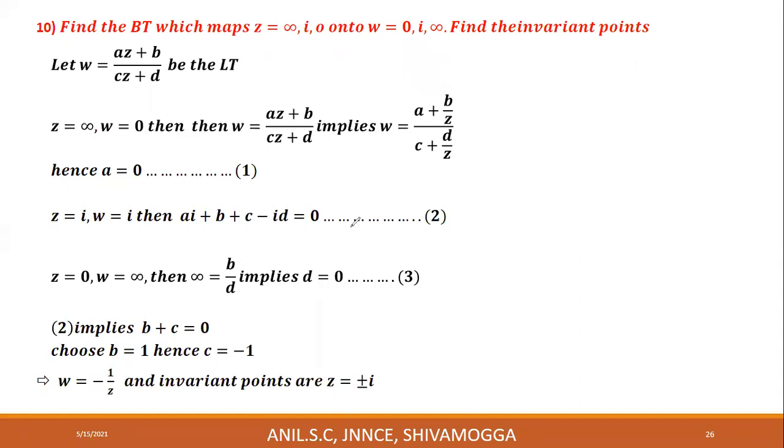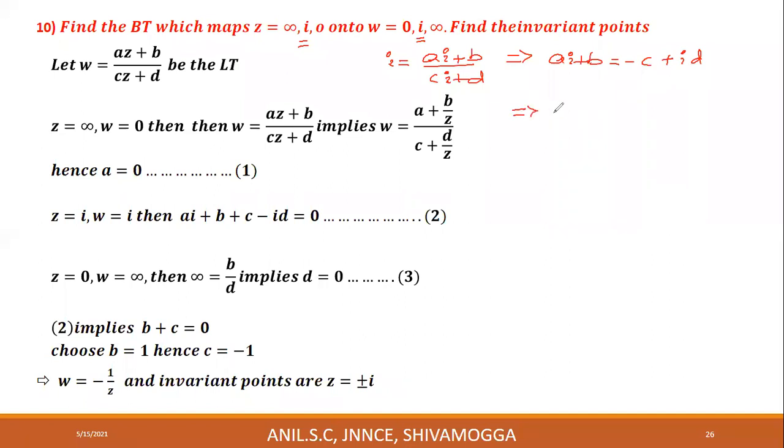Next, the second set of points. What are these points? z is equal to i, w is also equal to i. What you get here is i is equal to (ai plus b) divided by (ci plus d). This implies ai plus b is equal to i into ci, which is c i square, and i square is minus 1, so minus 1 into c is minus c plus id.